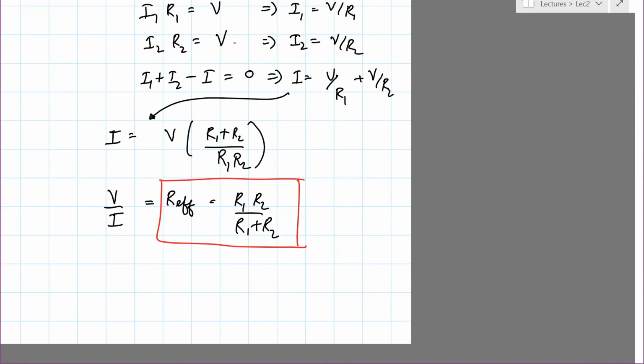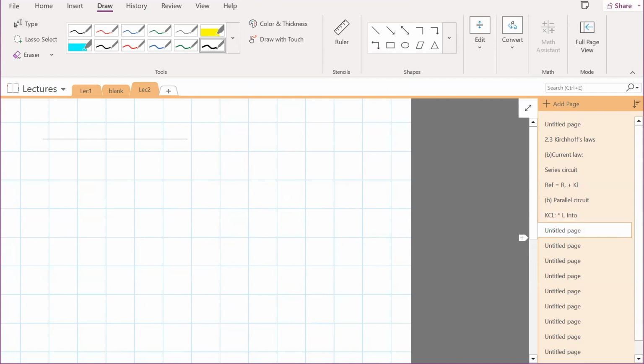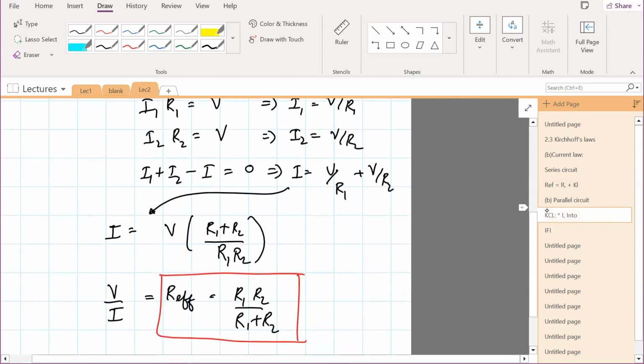Okay, so now that we have the effective resistance, let's compute the individual currents in the two branches. So I1, you can see is V divided by R1, and I2 is V divided by R2. So let's use that. I'm going to substitute V from this expression.